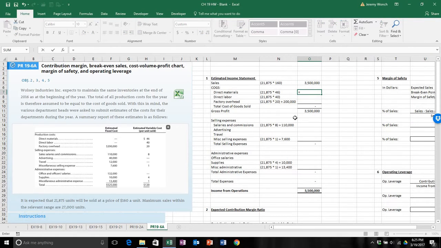We have our cost of goods sold, so that's the units we are expected to sell times our direct material cost per unit, which they give us at 46. Direct labor: the units we're expected to sell times the direct labor cost per unit, which is 40. And then total factory overhead.